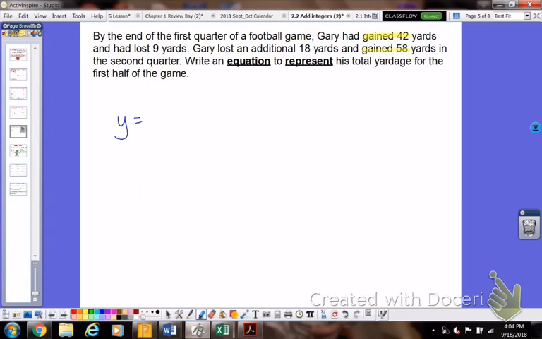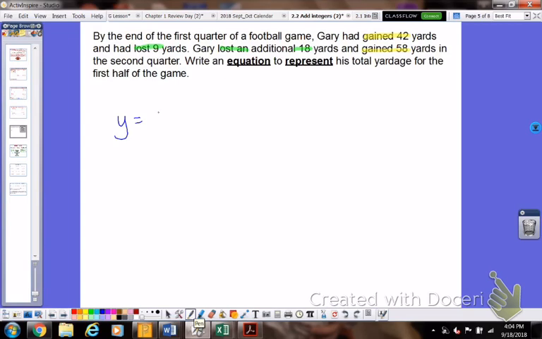Now I'm going to go back through with our green and highlight our negatives. So he gained 42, then he lost 9. He then lost 18 and gained 58. So each of these yellows are going to represent a positive number because it's gaining. Each of the greens will be a negative number because it is subtracting.